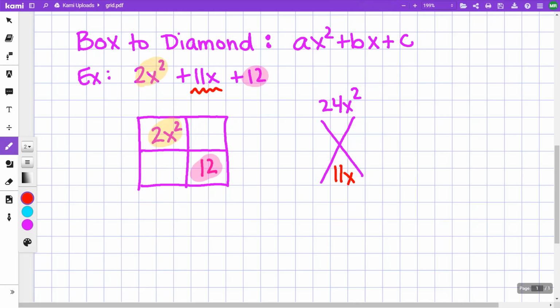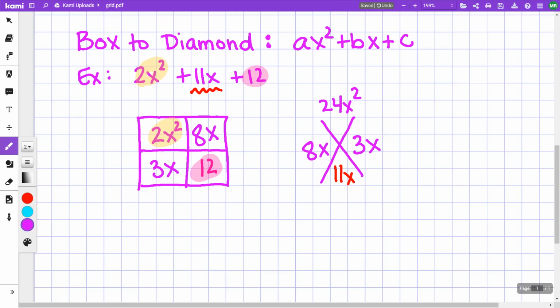So this box and this box have to together add to 11x, but they also need to multiply to that 24x squared. What multiplies to 24x squared and adds to 11x is an 8x and a 3x. It doesn't matter, one of these is going to be 8x, one of them is going to be 3x.